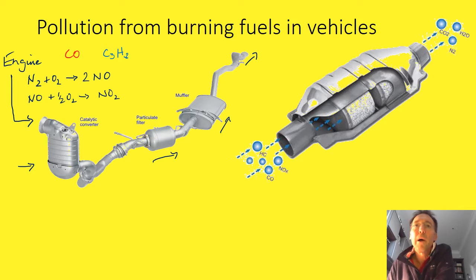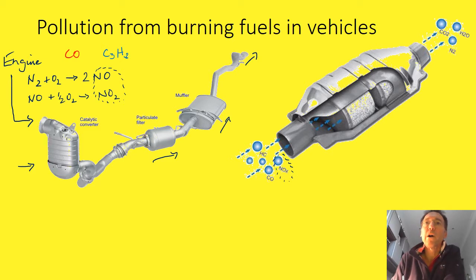So in more detail, here's the catalytic converter, and what we can see is that these nitrogen oxides are represented on the right hand side here by NOx, and we've got in red here's our carbon monoxide, that you see I'm just circling in red on the entry to the catalytic converter.